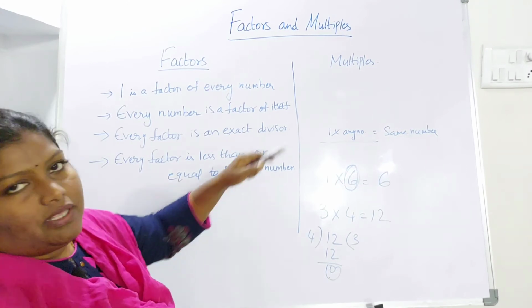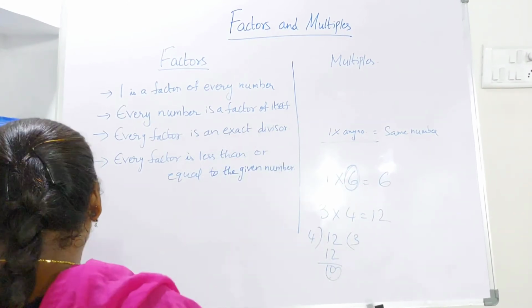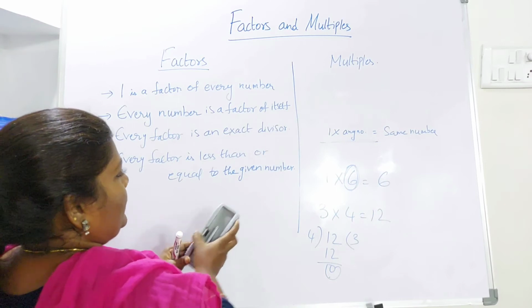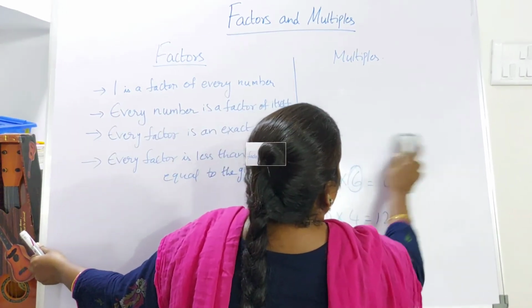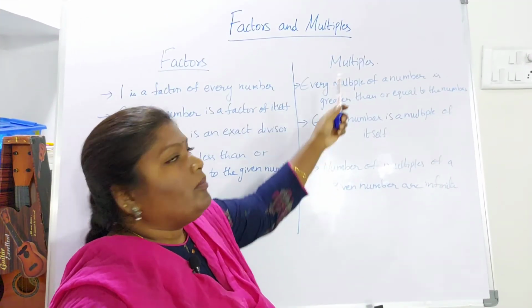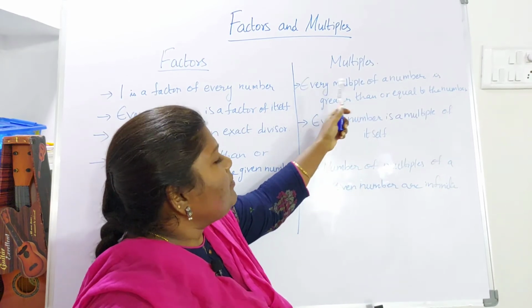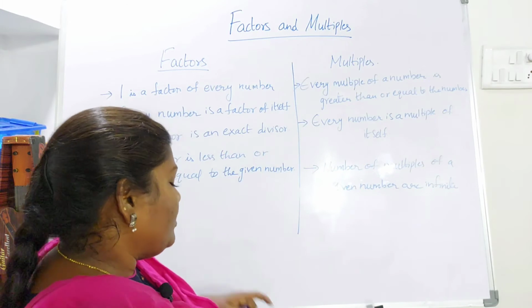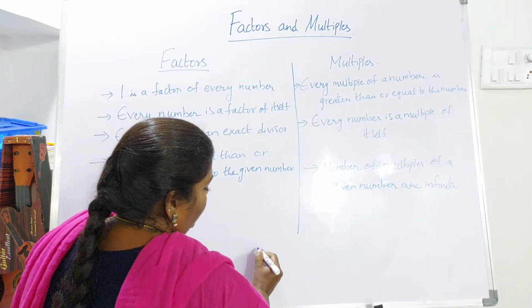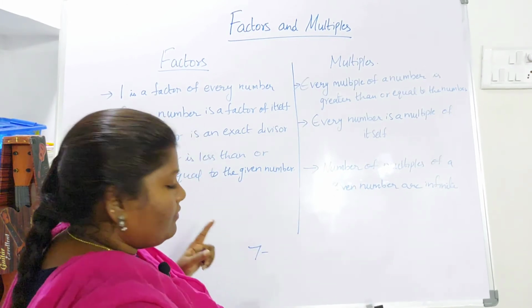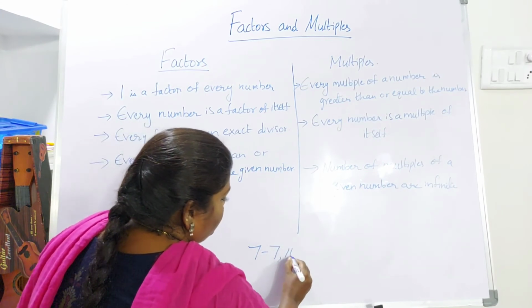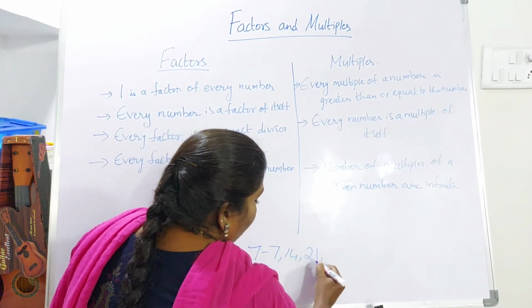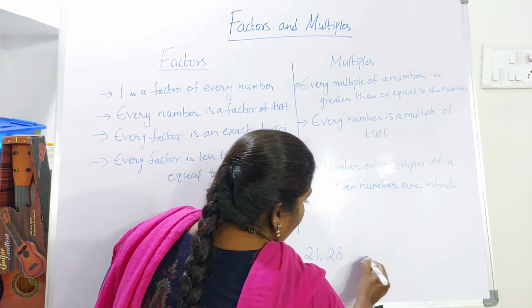So let me explain the properties of multiples. Every multiple of a number is greater than or equal to the given number. For example, let me take 7. 7 ones is 7, 7 twos 14, 7 threes 21, 7 fours 28, and so on.